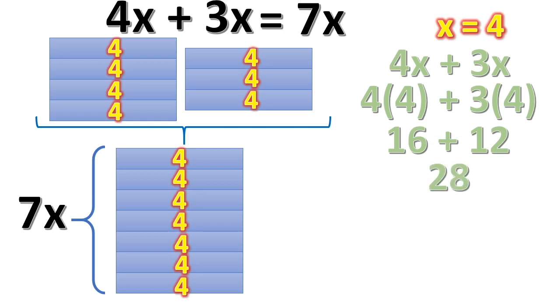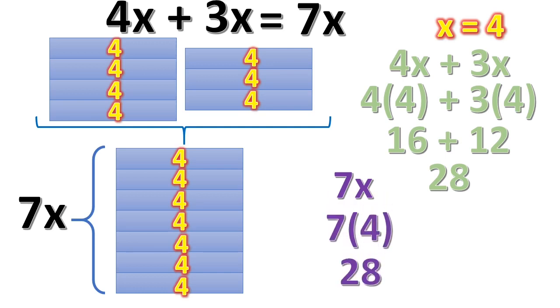So that's subbing in the 4 in my original expression. Now if I do the same thing in my simplified expression of 7x, if I put a 4 in for that x, and I do 7 times 4, that's 28 also. So simplifying expressions is making the expression less steps, but still having it be worth the same amount. In this case, it's worth 28 when x is 4.